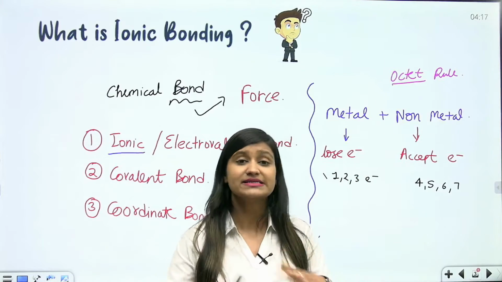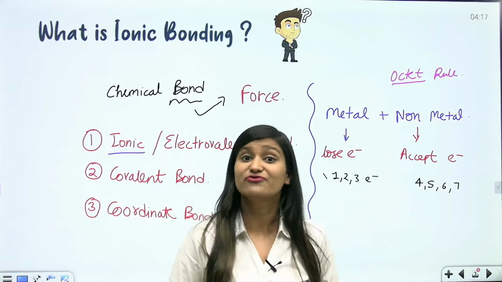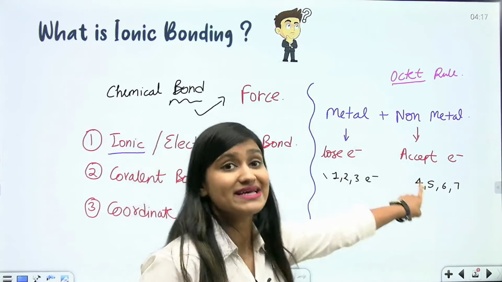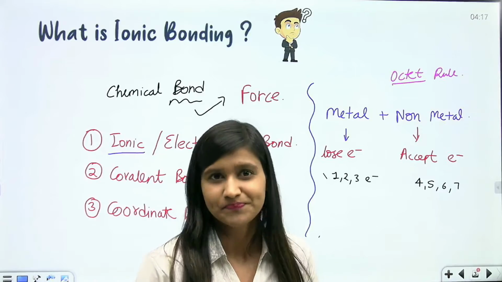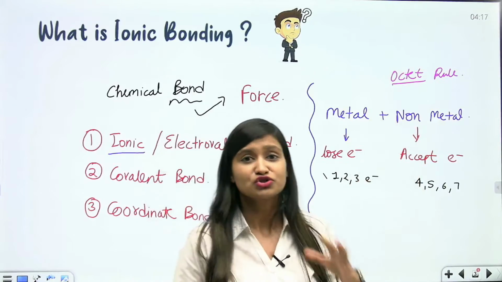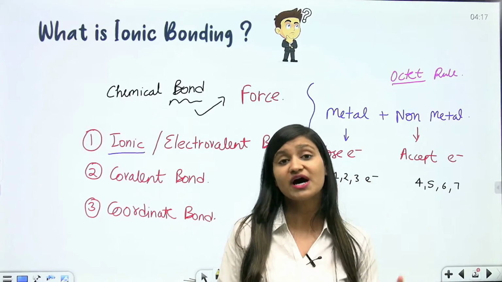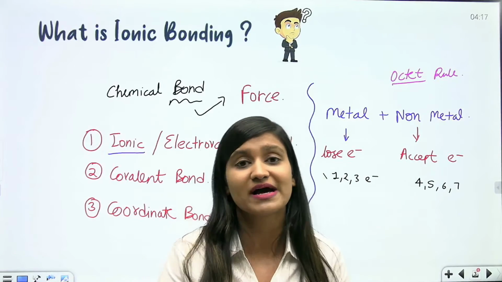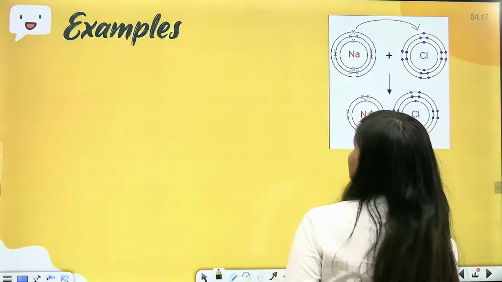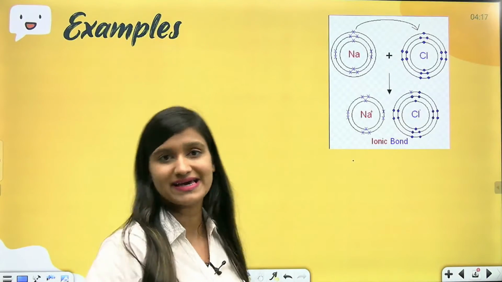If it donates it, and the same electron is accepted by the non-metal, so that one will become positive charge and the other one will become the negative charge. Let's see how, by using the examples.